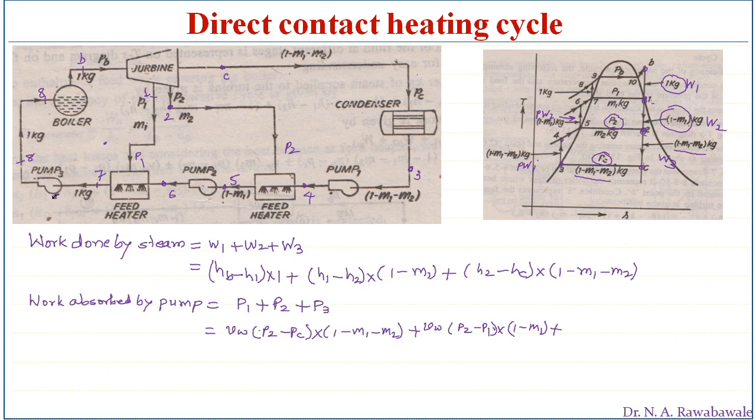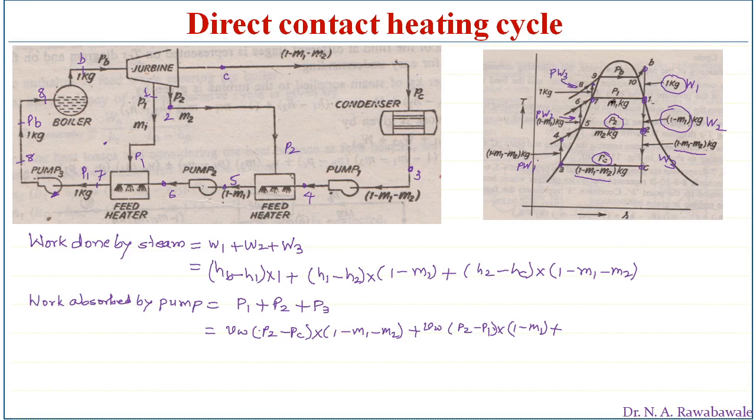Pump 3 is increasing pressure from P1 to the boiler pressure PB. So pump is increasing pressure of condensate from P1 to PB. So we can see here from point 7 to 8. So this is pump work 3.